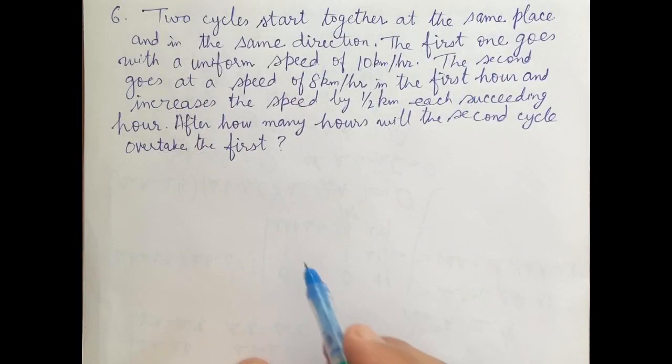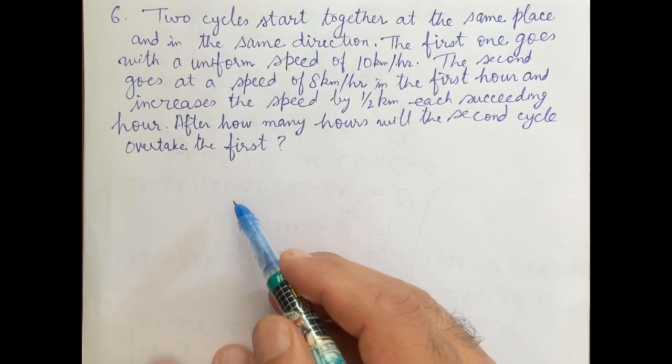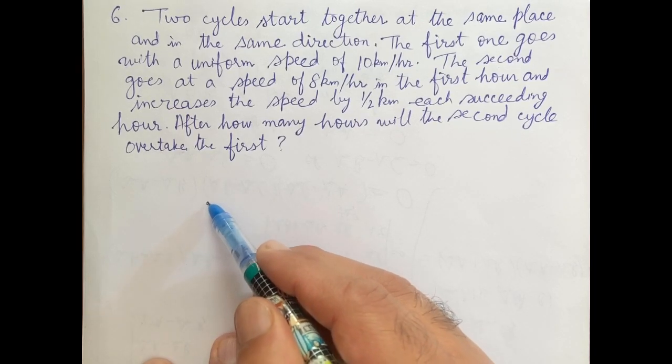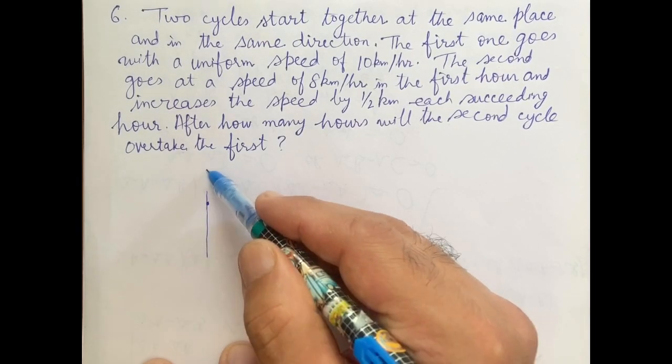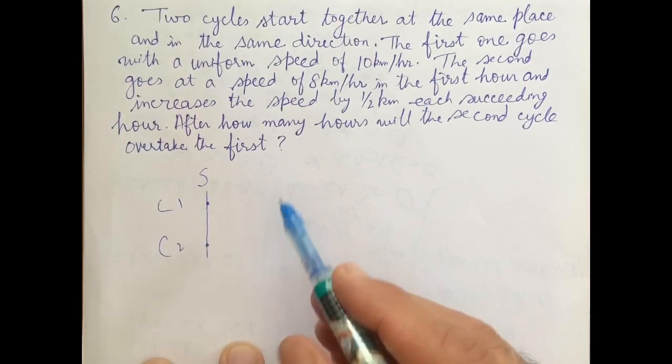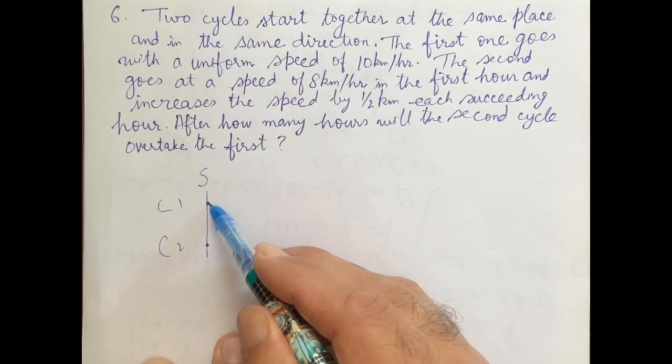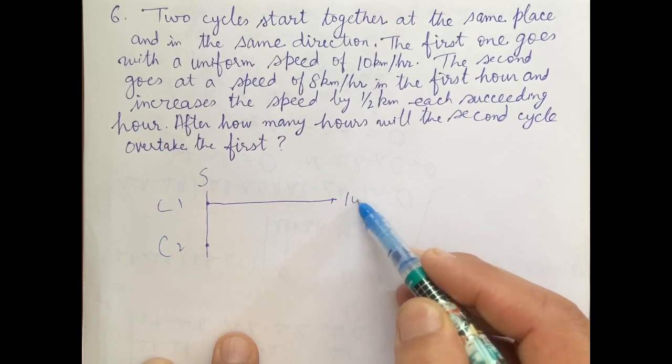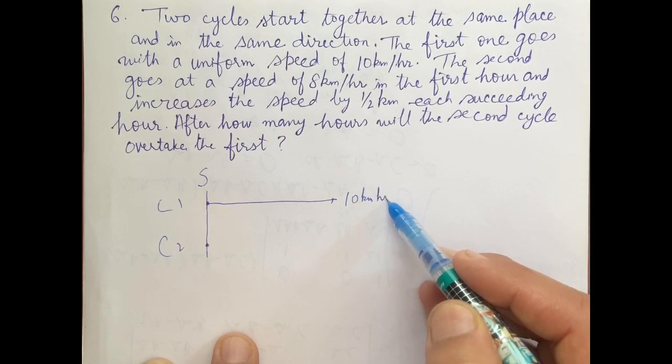This is the question. We have two cycles starting at the same place and in the same direction. So let's say this is the starting line, this is cycle 1, this is cycle 2. The first one goes at a uniform speed of 10 kilometers per hour.